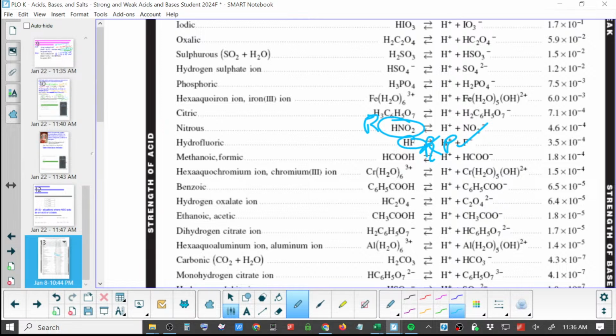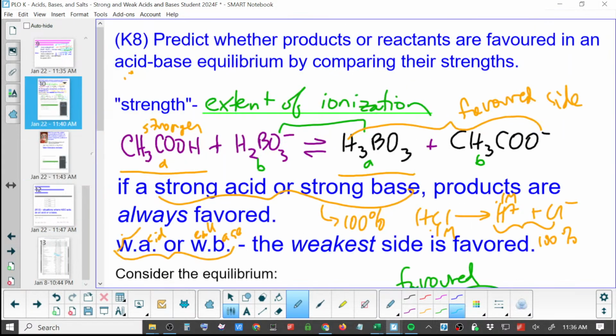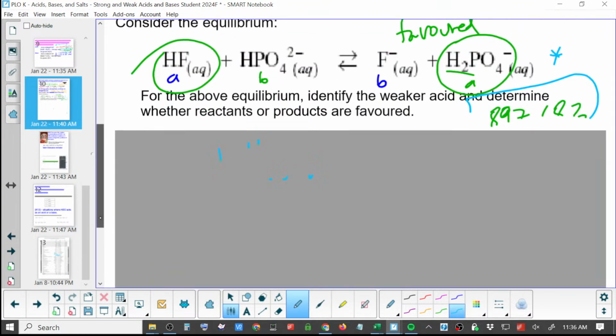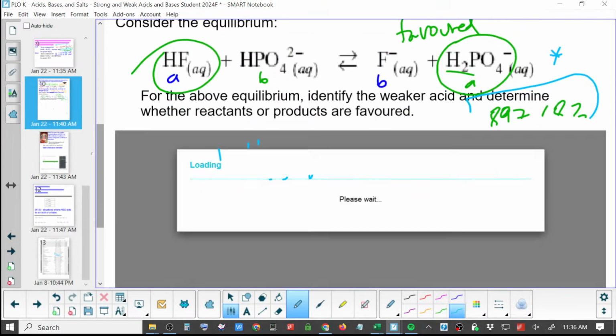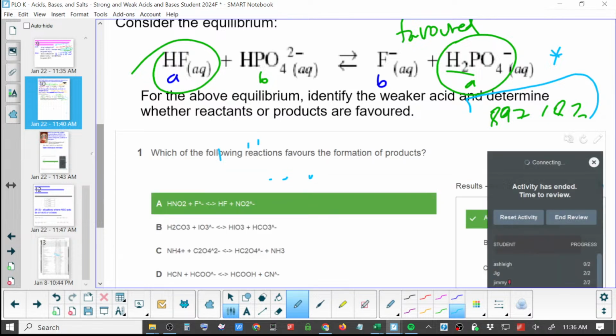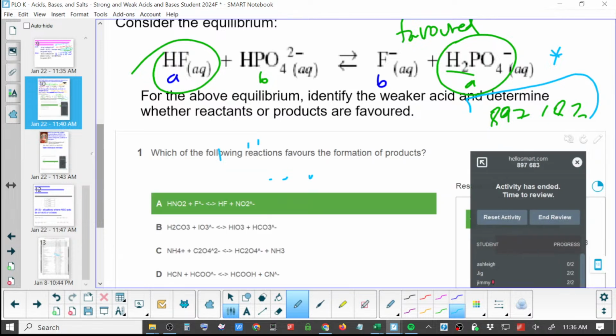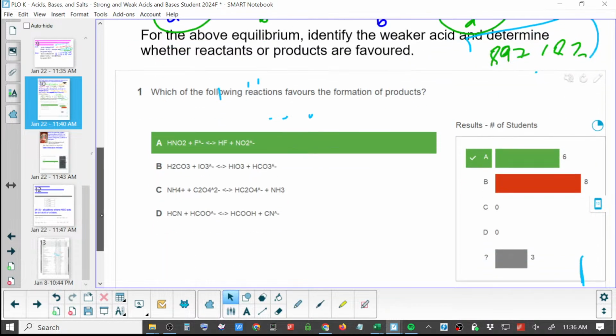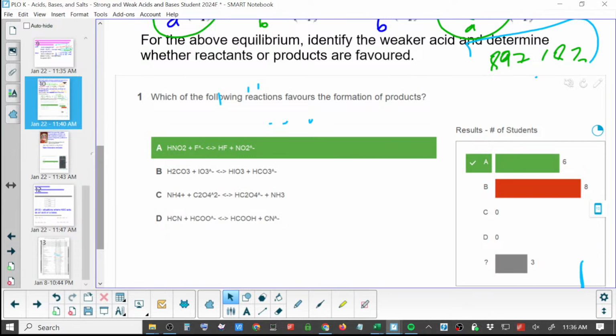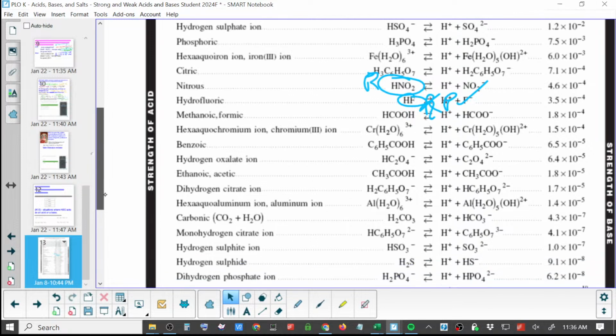Now let's check the one that everybody else picked. Everybody else picked B. So let's see if I included a second right answer on there. We have H2CO3 and HIO3. So where's H2CO3?